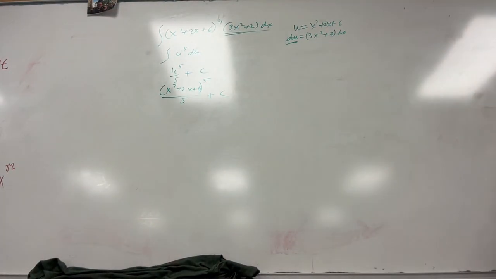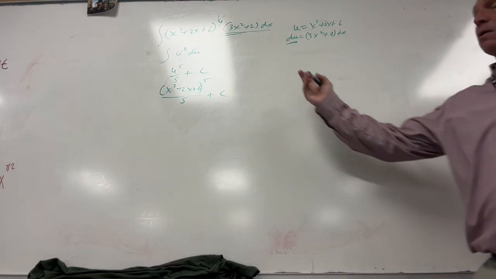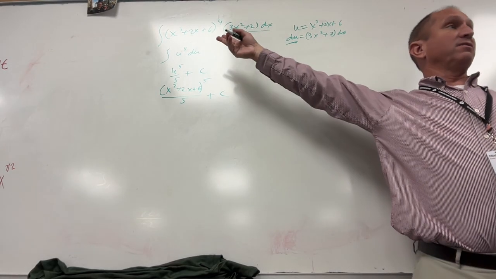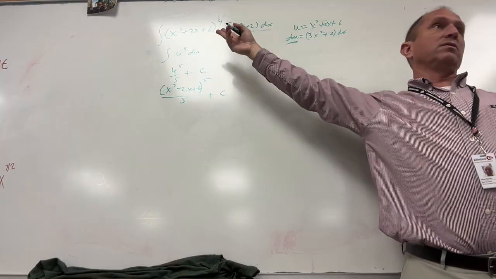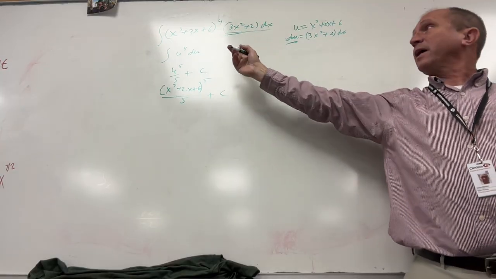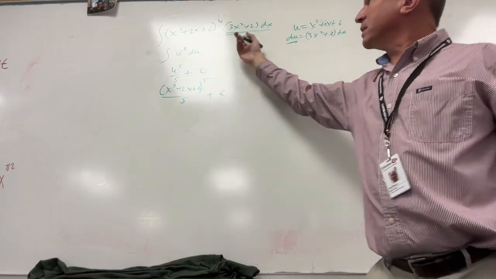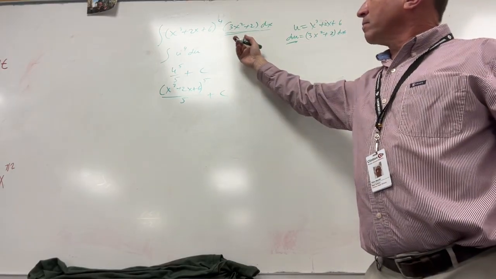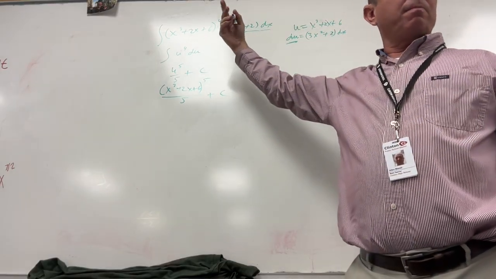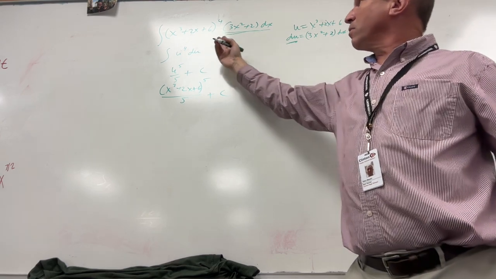My college professor, I remember her telling me that with the u substitution, when she learned how to do antiderivatives, she did not learn antiderivatives with u substitution. They just had to pick out, okay, this is looking like it's going to come from a chain rule.